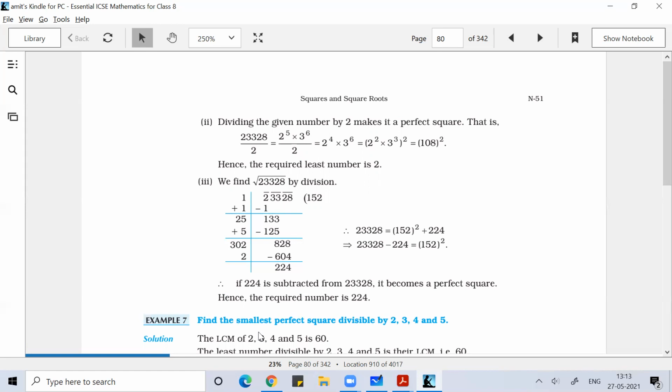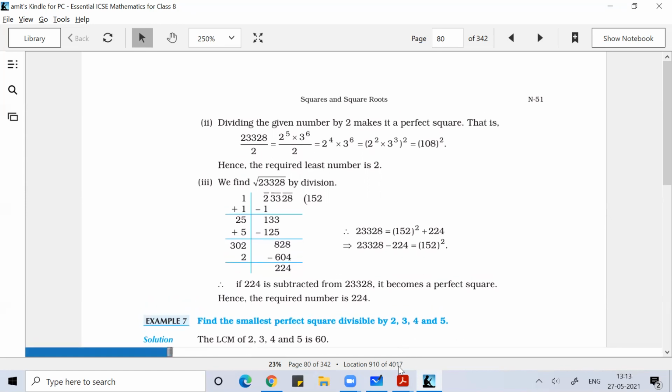If you take the LCM of 2, 3, 4 and 5, the LCM is 60.